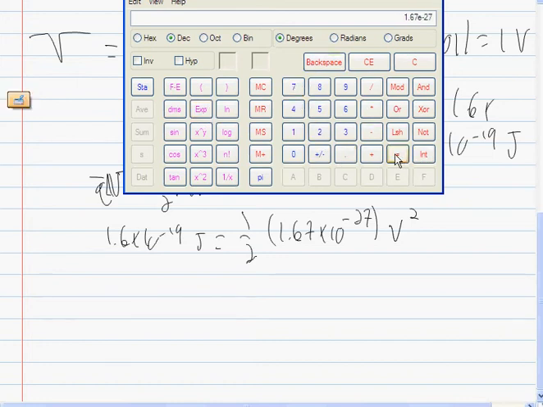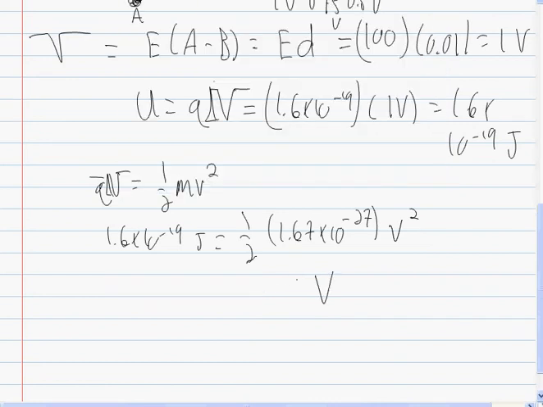Then we'll take the square root of that. I hate the Microsoft calculator. Take inverse squared to get the square root. So in this case, you would get 1.3 times 10 to the 4th meters per second.